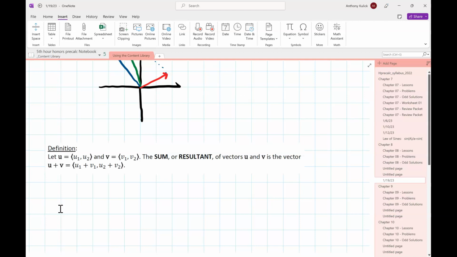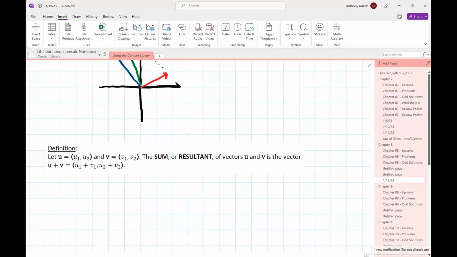If I dilate a vector, what's that equivalent to doing to it? It's going to be like stretching it out or shrinking it down, right? What's going to change? The magnitude, but what's going to stay the same? The direction, almost. And we'll explain why in just a second.